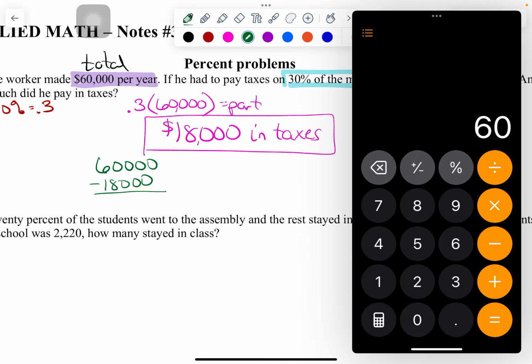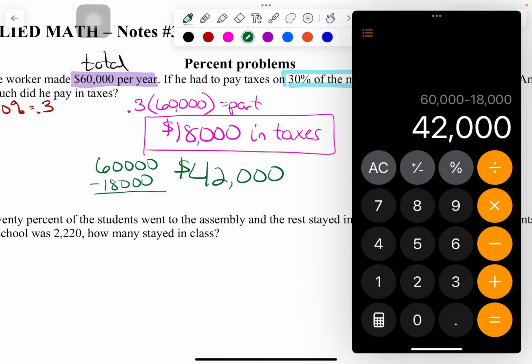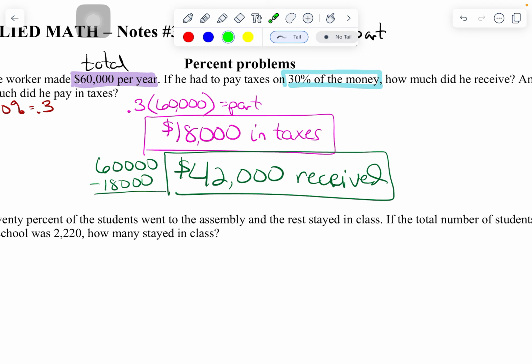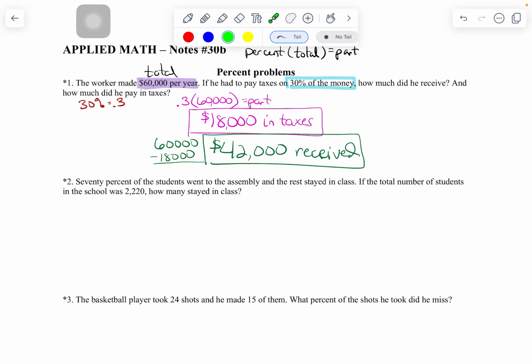So 60,000 minus 18,000 is $42,000 received. Either he received his money or he paid it into taxes, so those two combine to be the $60,000 per year. All right, so that's problem number one.